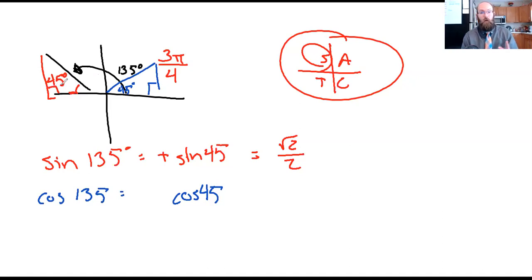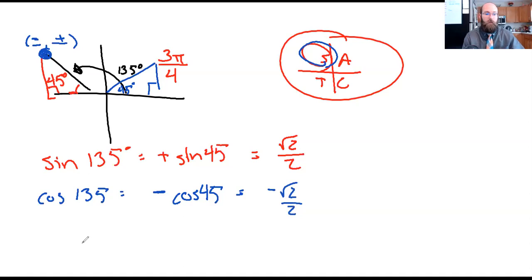But I have to account for whether the coordinate point on this end right here is a positive number or a negative number. My x-axis is going to be a negative number, right? I'd be like to the right 3, we'll say, and up, so a positive number for my sine. So cosine is in fact going to be negative. And that came from, again, sine being the only one that's positive there. Everything else is negative. So this is going to be a negative square root of 2 over 2.